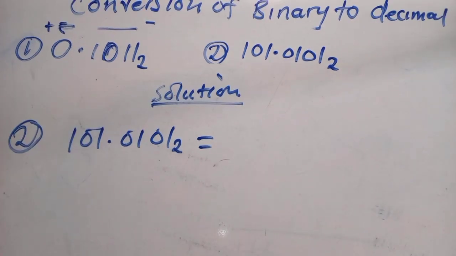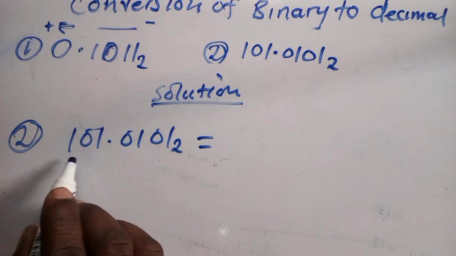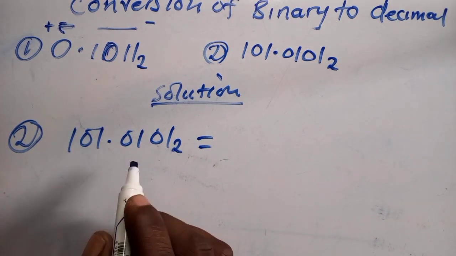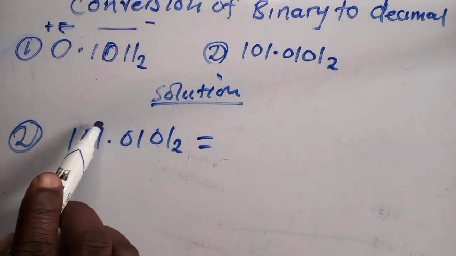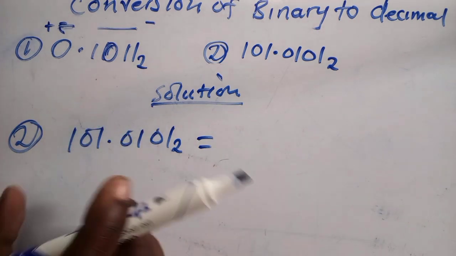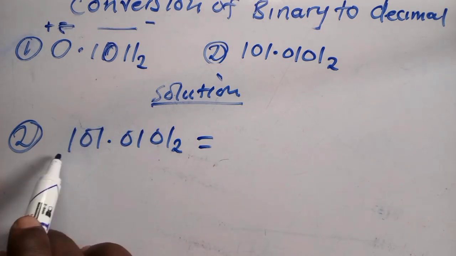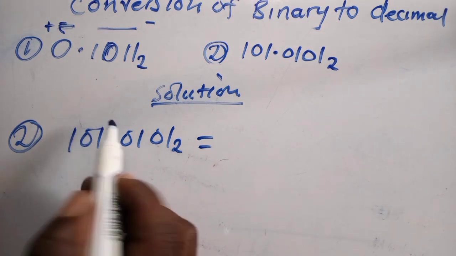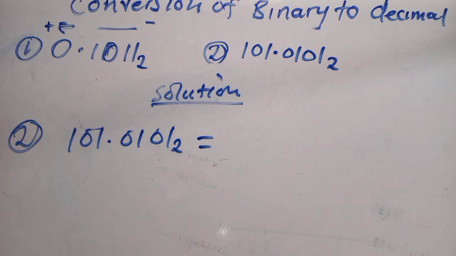So now let's try to find the answer for question 2. We have 101.0101 base 2. Like I said, these numbers before the decimal are whole numbers. When we are moving from this number going left side, the powers will be positive.